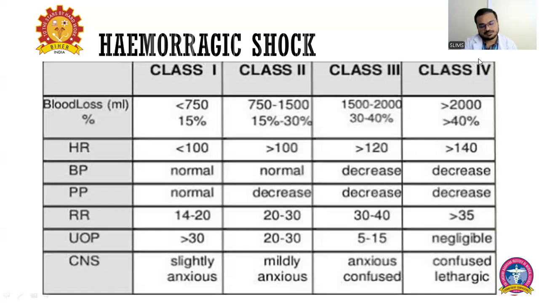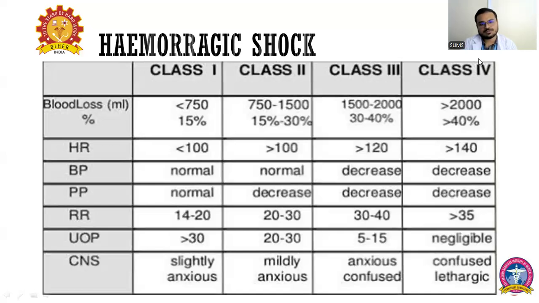Respiratory rate will be 14 to 20, which is more or less normal, in class 1. In class 2 it will be 20 to 30, class 3 it will be 30 to 40, and in class 4 there will be more than 35 respirations per minute. And urine output is the most important parameter we often tend to miss.